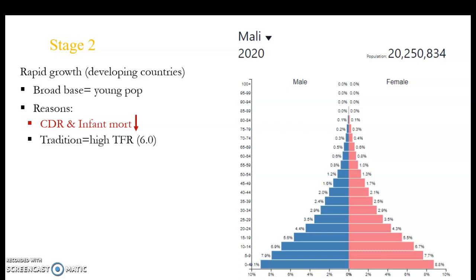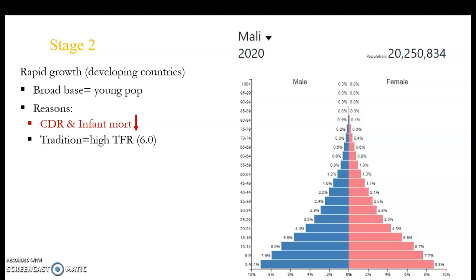The TFR is high. It's about 6, meaning that the average woman in Mali is having 6 kids. So as 6 kids per couple is expanding the population, that expansion is increasing again because infant mortality is dropping.